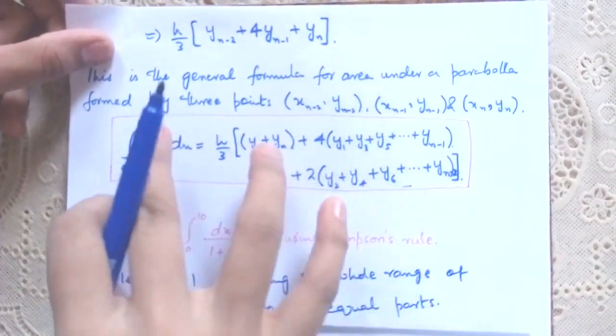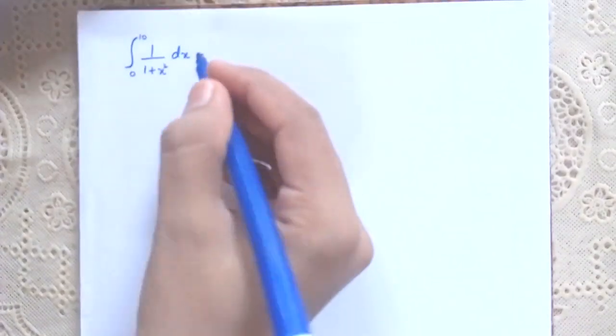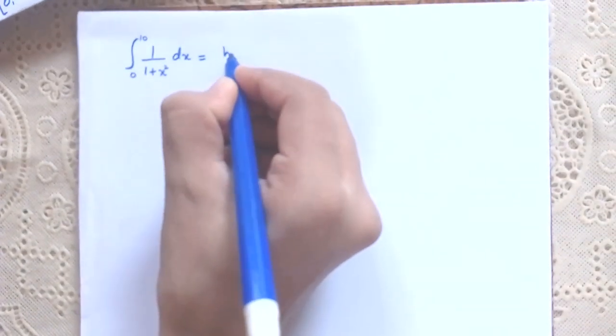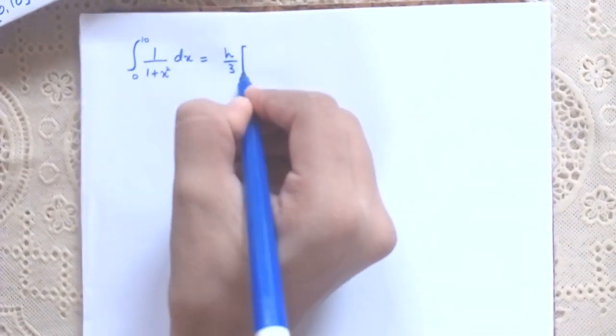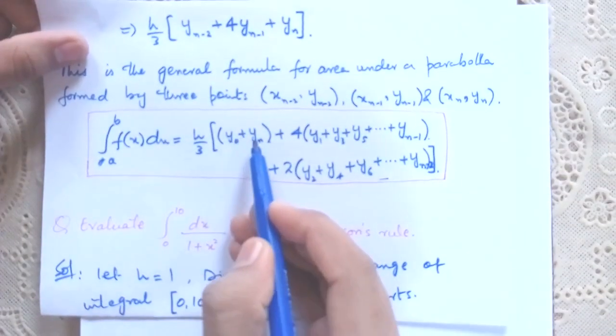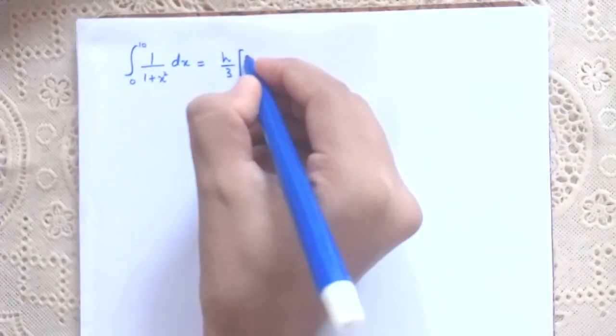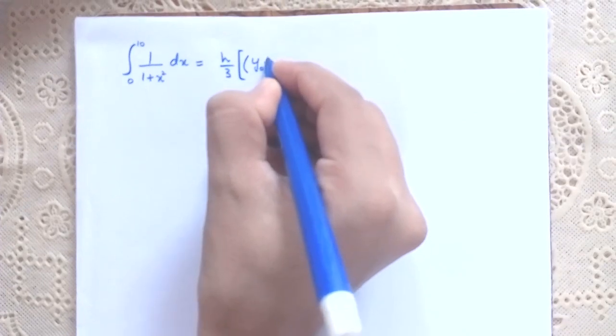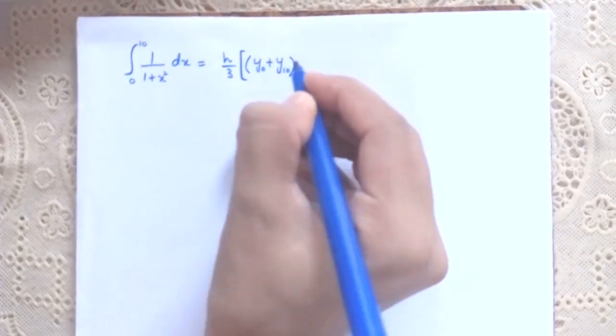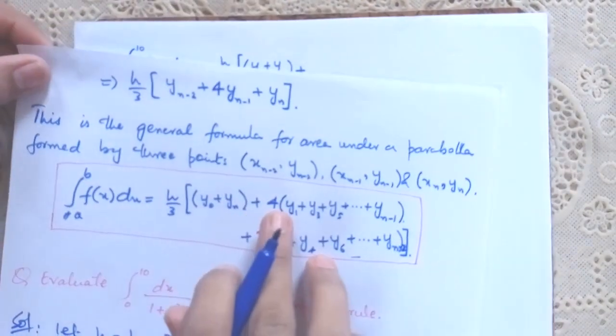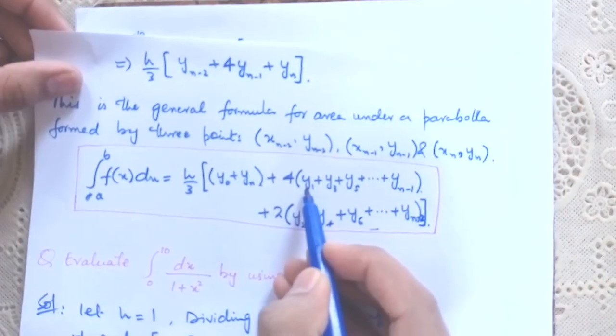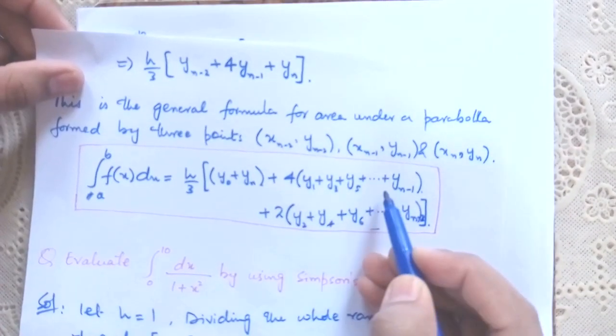So this formula reduces to h/3 [y0 plus y10 plus 4 times y with odd subscript.